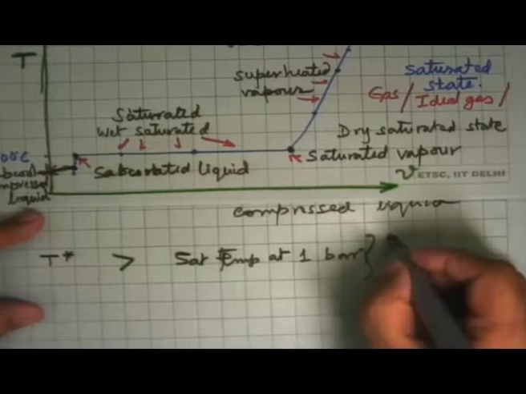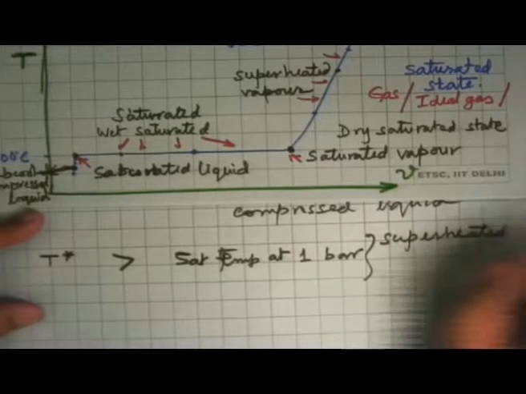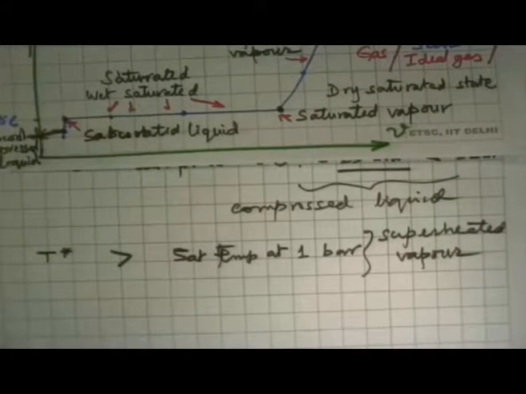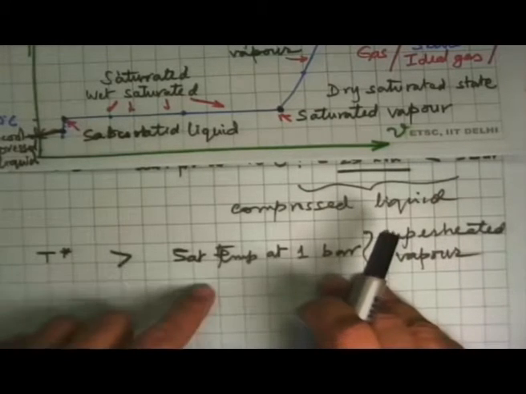This tells us that this is a superheated vapor. So it's a very simple thing that if someone says I have vapor at 1 bar and 200 degrees Celsius, tell me what is the state, then you would say, look, at 1 bar, the saturation temperature is 100 degrees Celsius, the vapor that you have is 200 degrees Celsius, the superheated state. So it's the superheated vapor. This is the way to find that out.